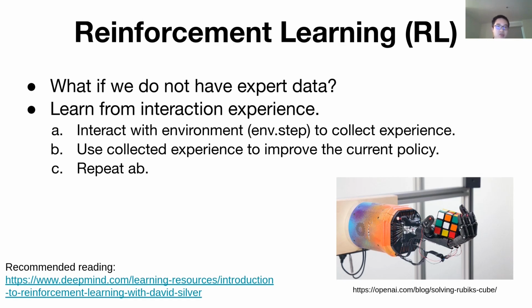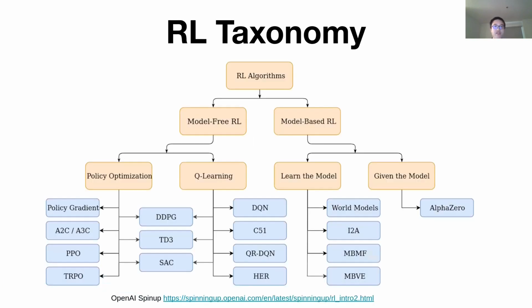By repeating this process, the agent gets a better and better policy. And this procedure is known as reinforcement learning, or RL for short. Reinforcement learning is a large family of methods. Here is a taxonomy for it. You may refer to this intro to RL made by OpenAI for details.